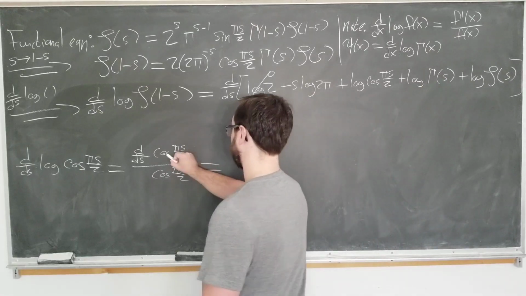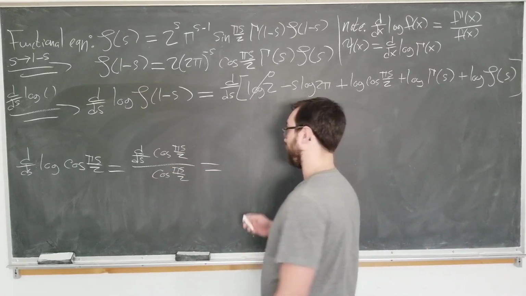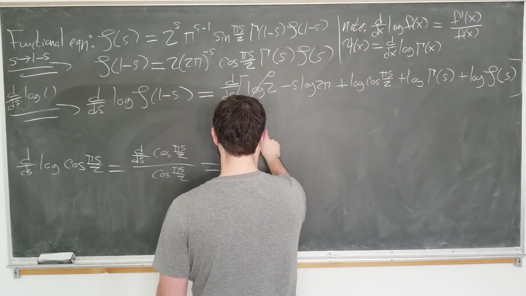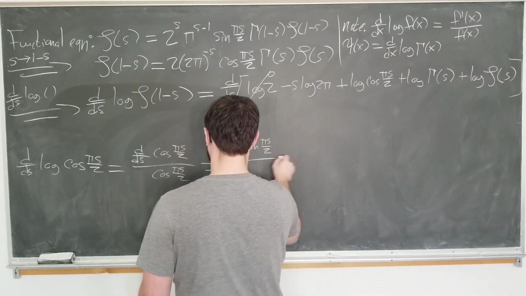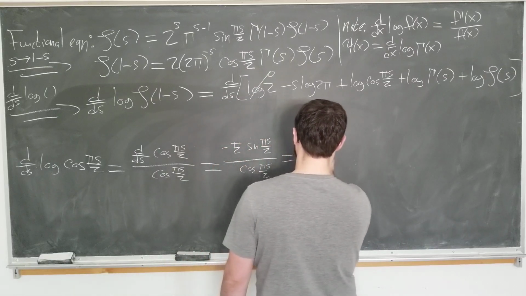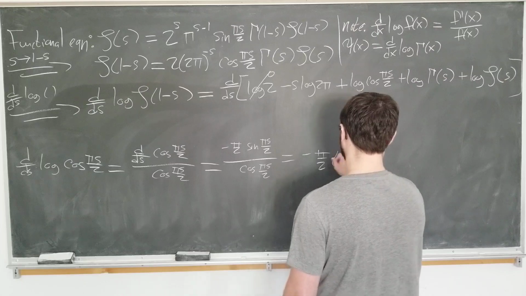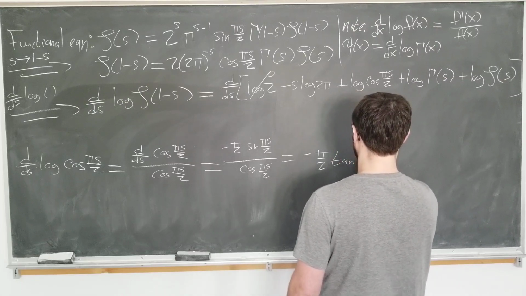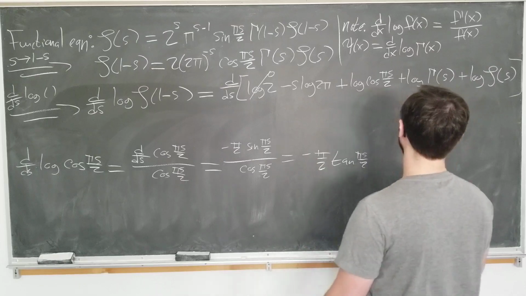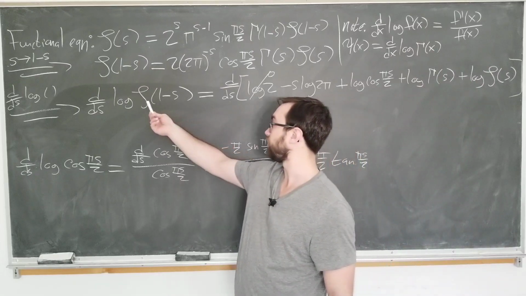The derivative of cosine is minus sine, with the constants coming out, over cosine, so it becomes minus pi over 2 tangent of pi s over 2. So that's good. And we're also going to take care of a small issue here.